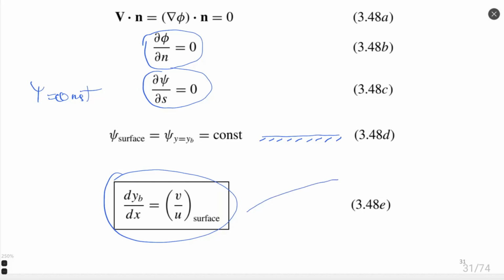This direction can be split in two: this is dy, and this is dx.